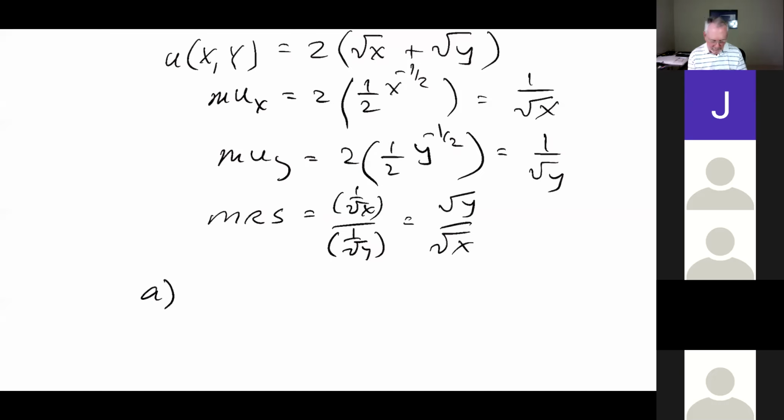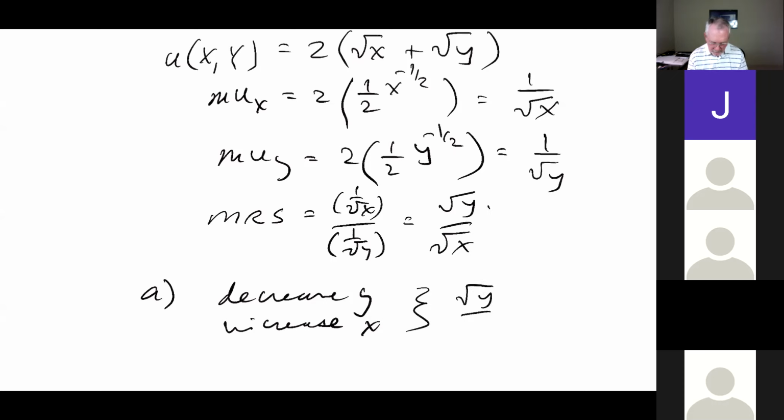And if I look at this ratio, if I decrease y and increase x, that means that the numerator in this expression is decreasing, the denominator is increasing. That tells me that delta y over delta x is decreasing. So the answer to A is yes, it does satisfy the declining MRS property.